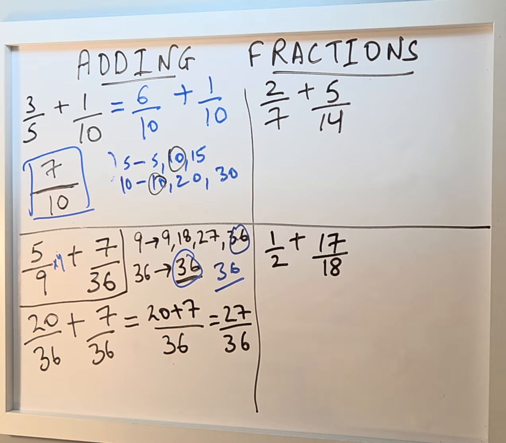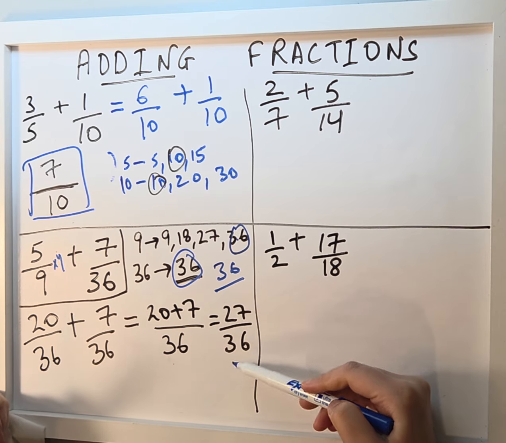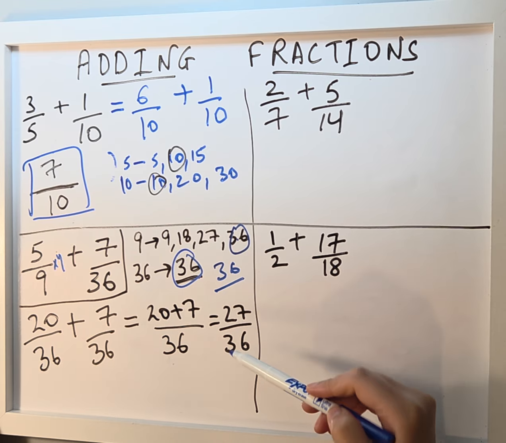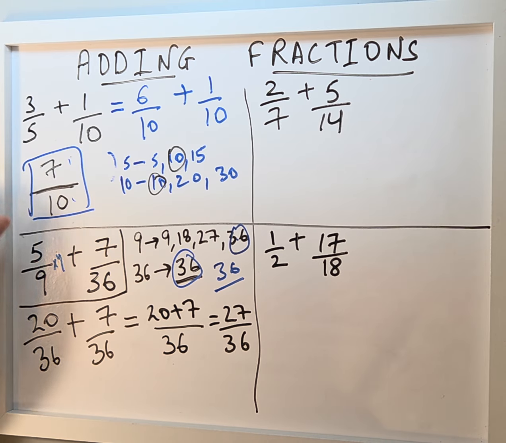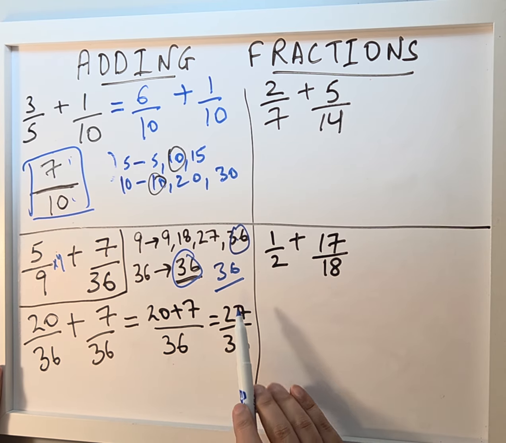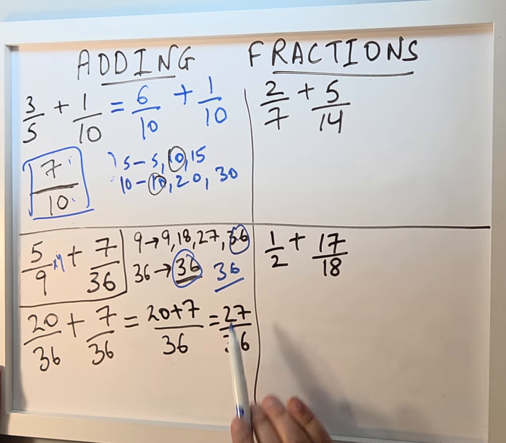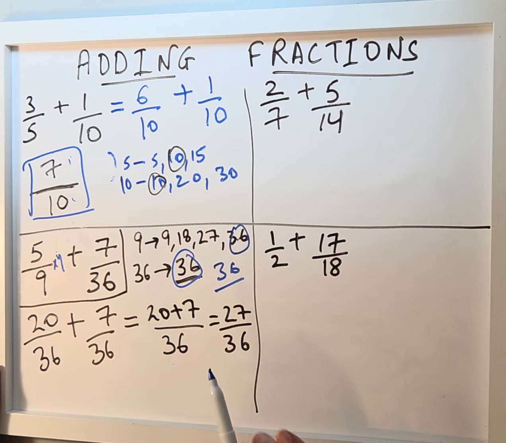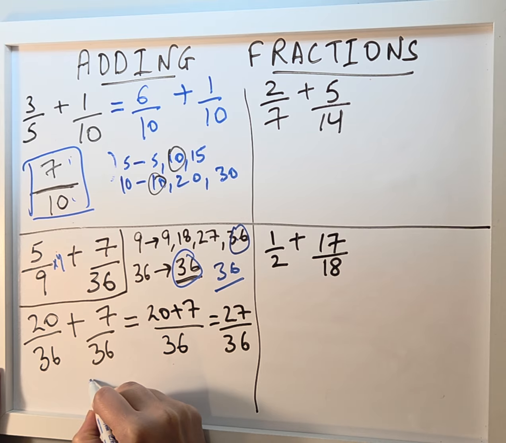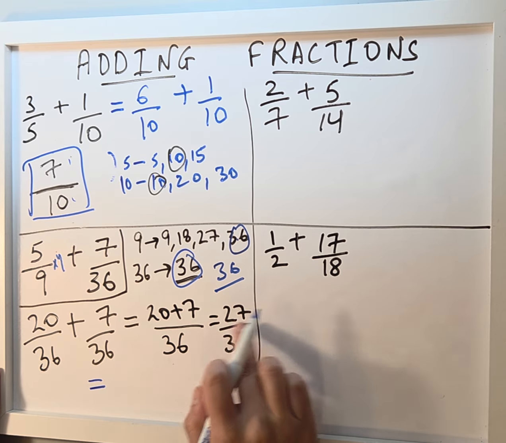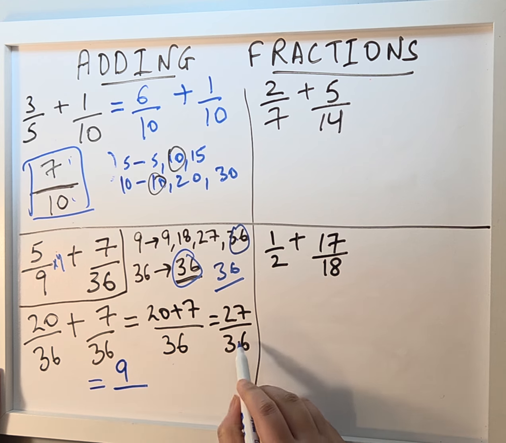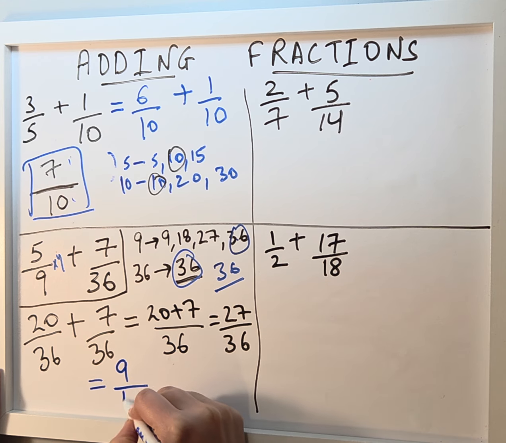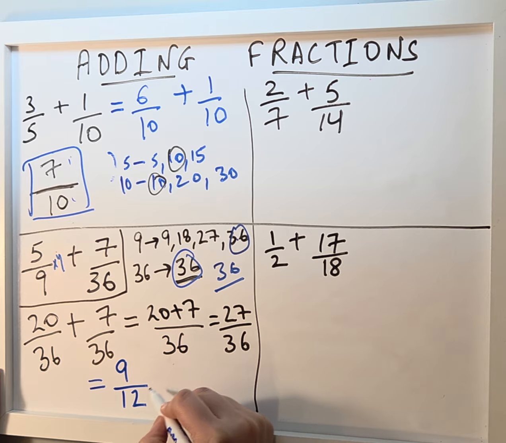Now we need to reduce it to the simplest form. Here 7 and 10 did not have a common divisor, so that was our final answer. But 27 and 36 have a common divisor 3. If we divide 27 by 3, it will give us 9, and if we divide 36 by 3, we get 12.